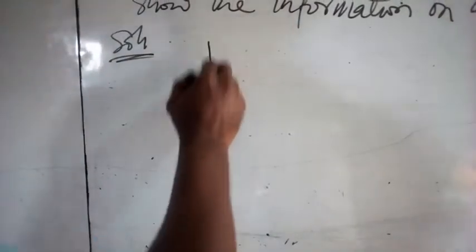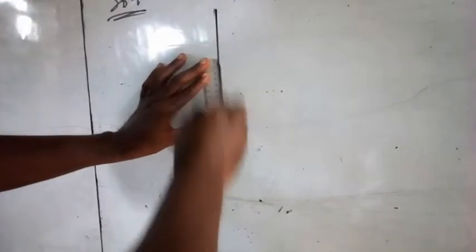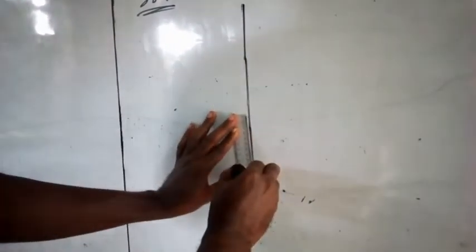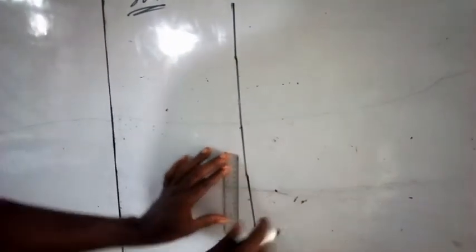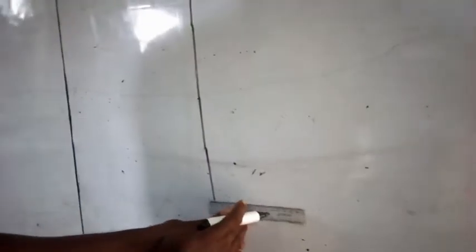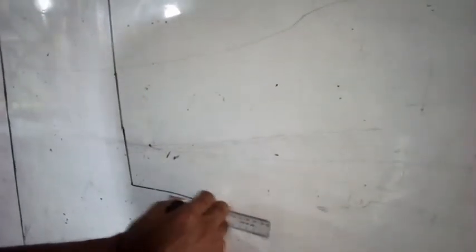We use a ruler. You must use a ruler here so that your bars will be straight. I don't have a big ruler. I'm using this small ruler.